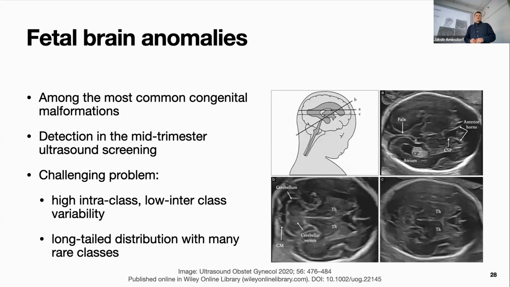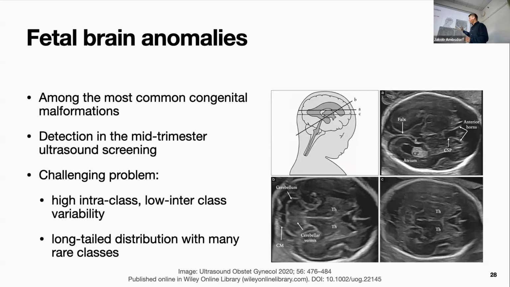I think I should give a quick introduction into what fetal brain anomalies are or what they look like. In general, it's quite rare to have any congenital malformations during pregnancy, but if they happen, one of the more frequent ones are the brain malformations. So it's one of the things that you try to detect in this mid-trimester scan, and it's a very challenging problem because we talked before about these brain planes, and one problem here is that you may have a healthy brain and you just look at it from a different angle than you're used to, and you get a completely different picture.